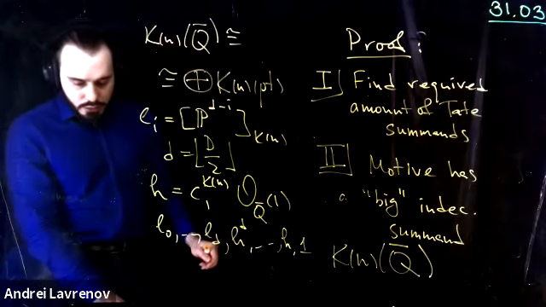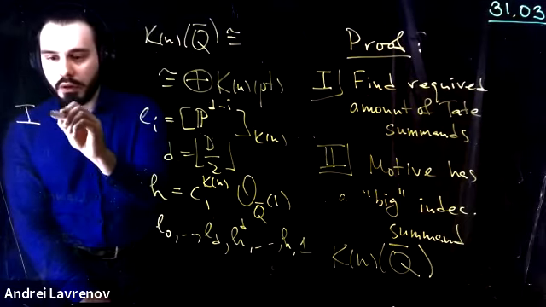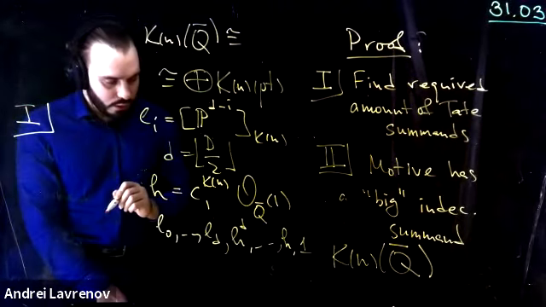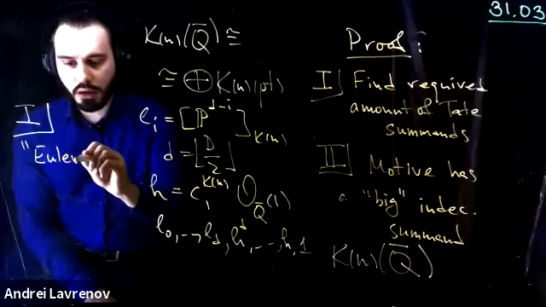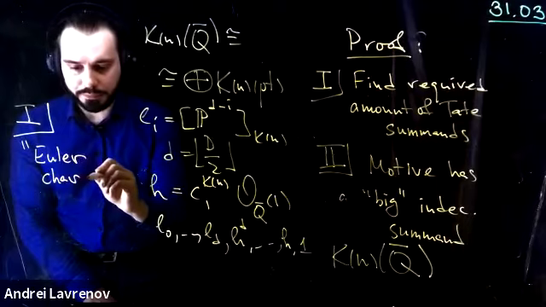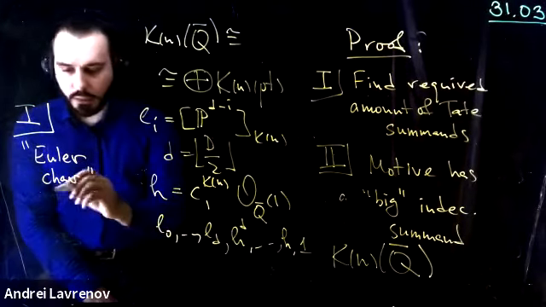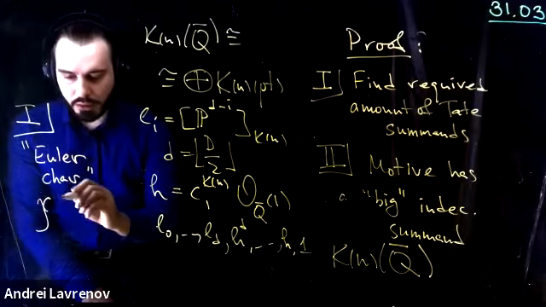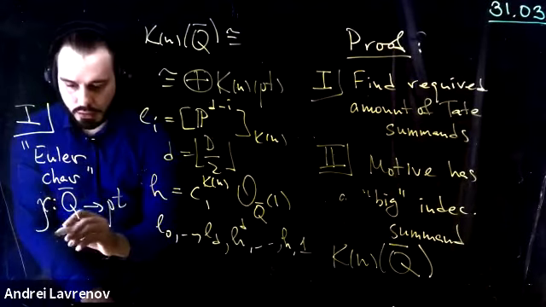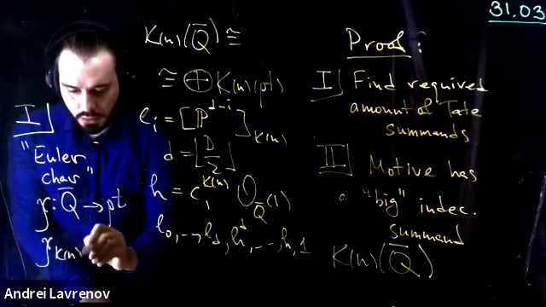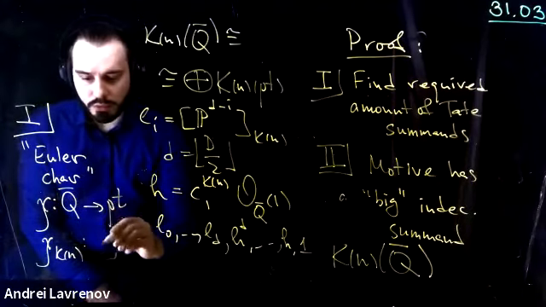So in fact, what we will need for the first part is just the Euler characteristic, in a sense. And by this I mean, if I denote by chi the structure map to the point, then let K_n denote just the push forward.